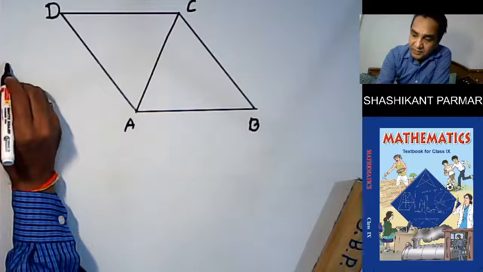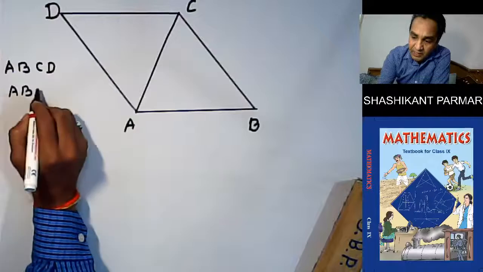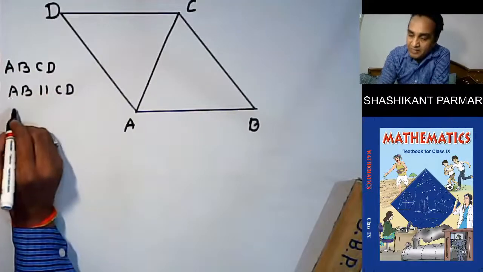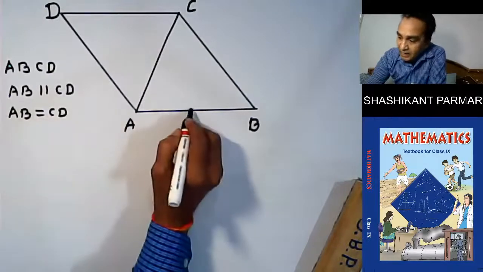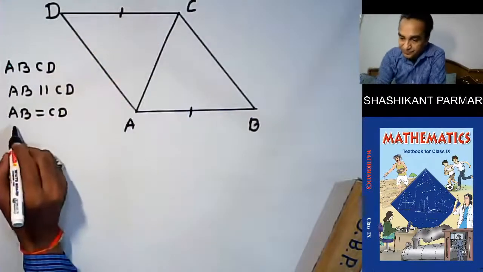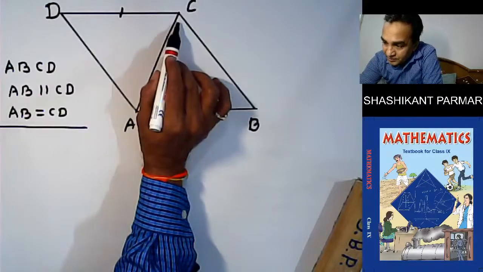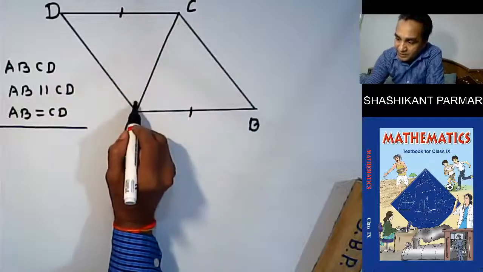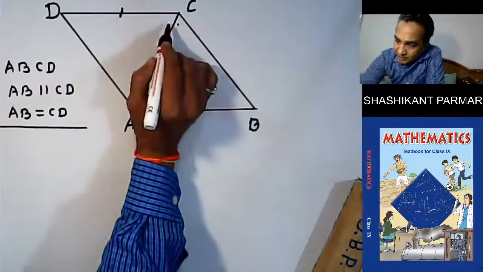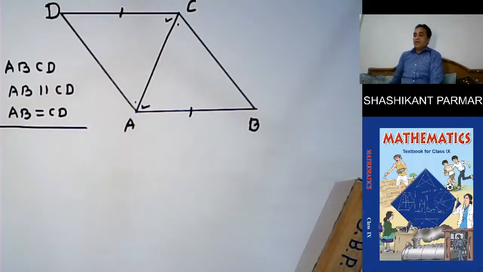In quadrilateral ABCD, AB and CD are parallel and AB and CD are equal. We have been given this. So the interior angles, this one and this one, are equal.